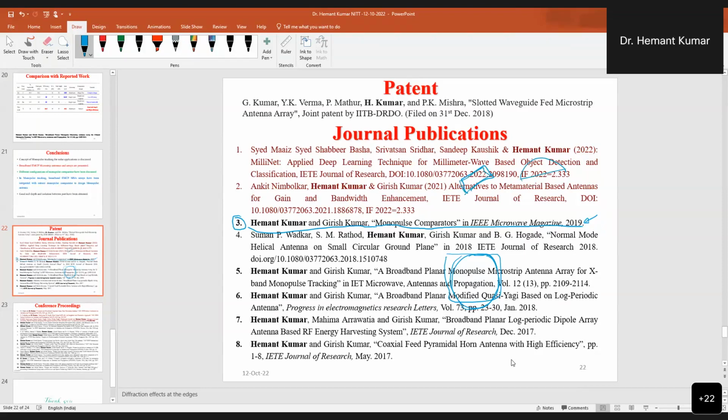Uniform distribution gives more side lobe level, while tapered gives less. So circular geometry also gives better side lobe level. And second, it depends on the physical constraints given to you, so you have to design based on that. This requirement was to put it on a platform where circular geometry was preferred, so that's why we designed it like that.